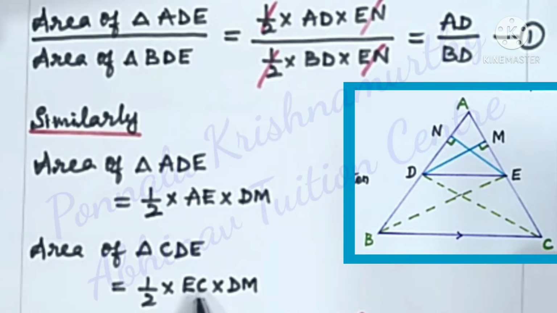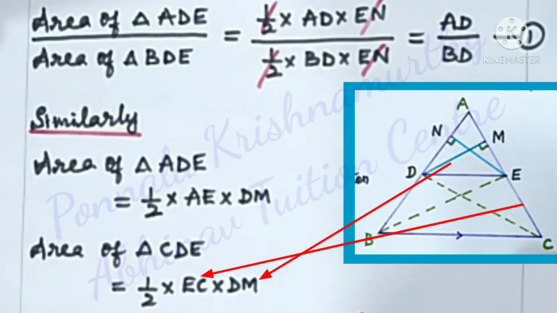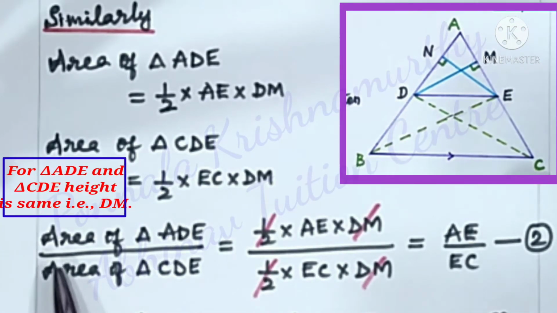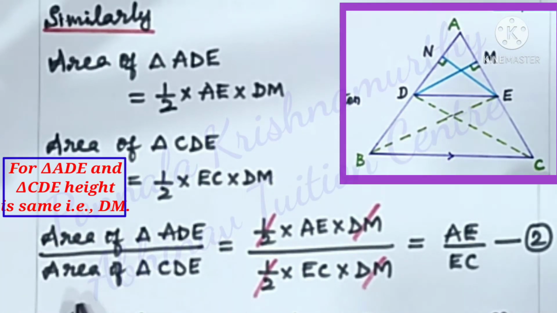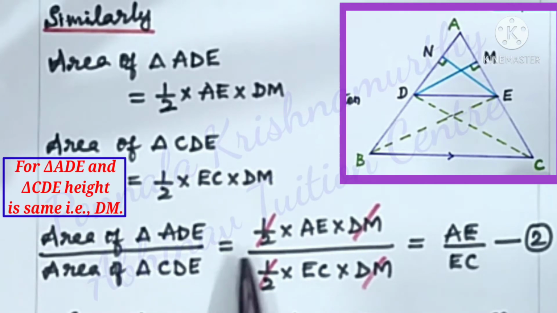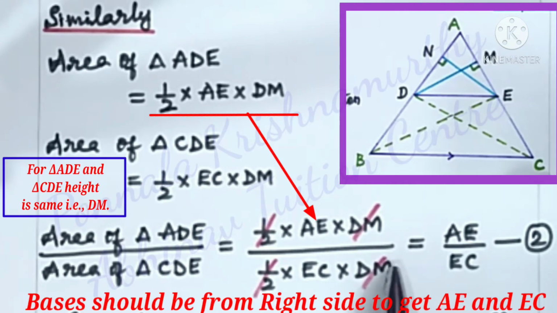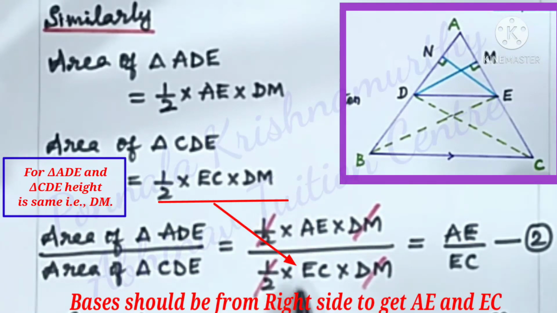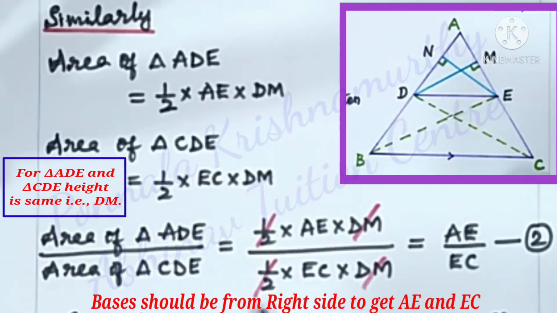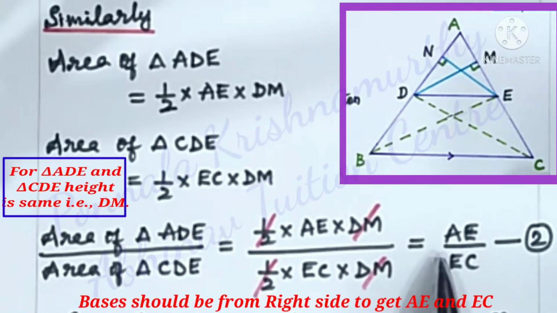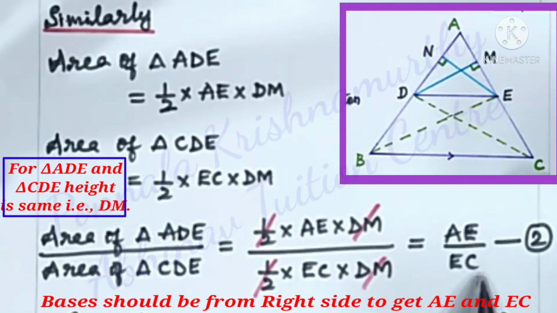Here EC is the base and DM is the height. Area of triangle ADE by area of triangle CDE is equal to half into AE into DM by half into EC into DM. These two are cancelled. That is equal to AE by EC.